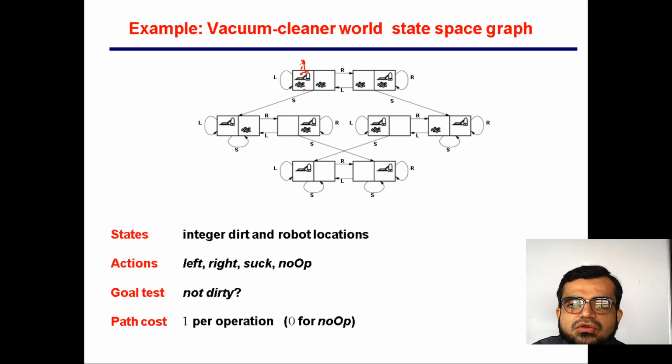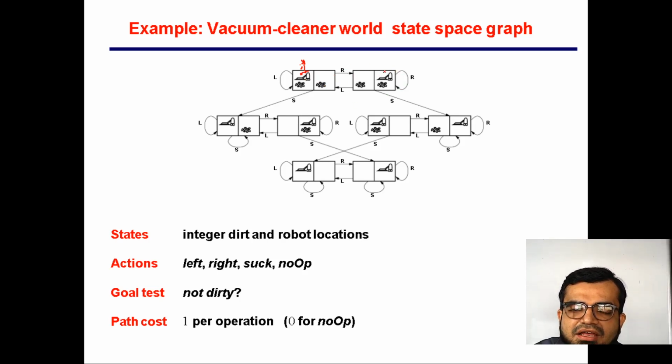Now if you perform the left operation, it will simply stay in that location only. And if you go towards right, this robot will enter into the next state.